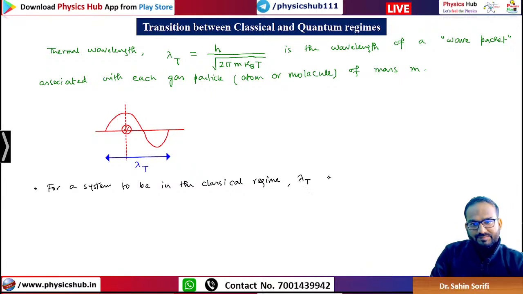So this lambda T should be much smaller than the average interparticle distance.